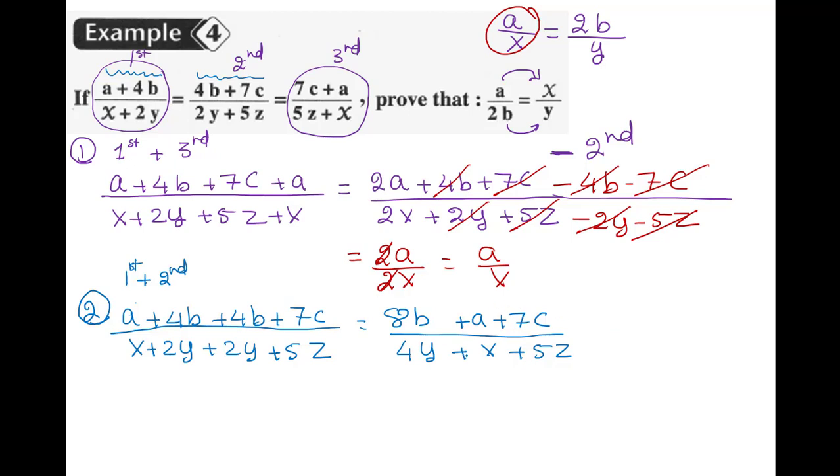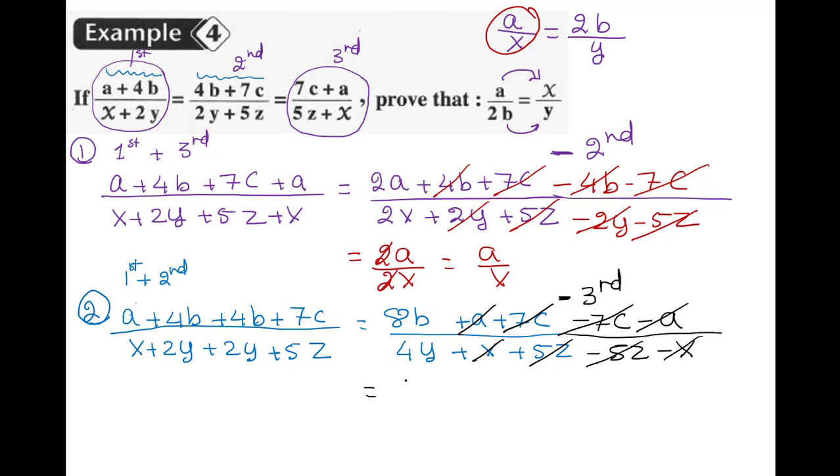Now, how can I get rid of this part? Here I can see that I have these two terms in number 3, but I have them with a positive sign. So I'm going to make this minus the third one. So if I do it minus the third one, it would give me minus 7c minus a over minus 5z minus x. So the 7c goes with the 7c, and the a goes with the negative a, goes with the negative x, and the plus 5z goes with the negative 5z.